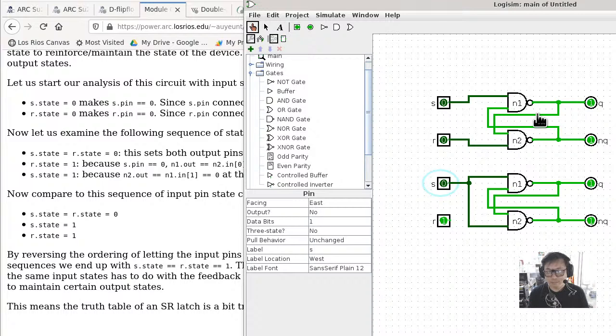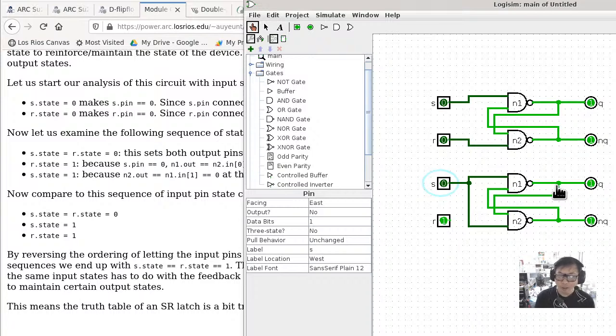We're going to have a problem because the moment S being a 1 goes into both of the input pins, both the first input pin of N1 and also the second input pin of N2, then both N1 and N2 will see both inputs of each gate being 1s. So N1 and N2 will simultaneously switch their outputs to 0s, okay?